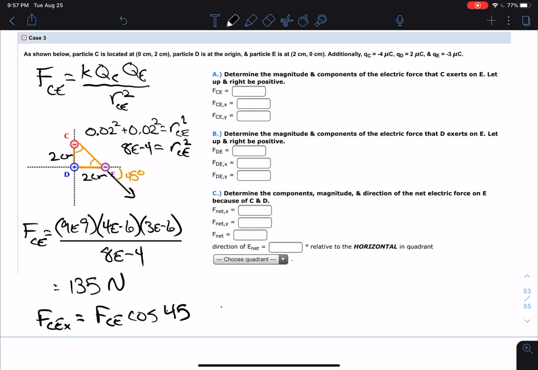And of course, if I want the y component, it would be the sine of 45. And so that's just going to be 135 times cosine of 45.